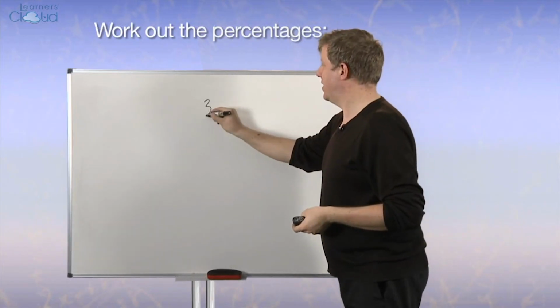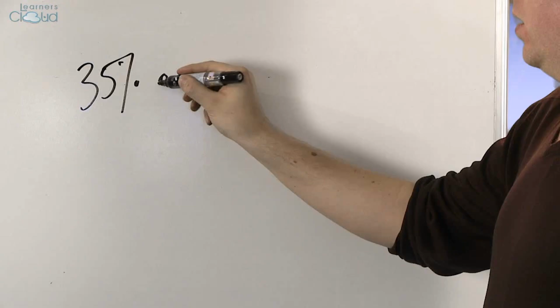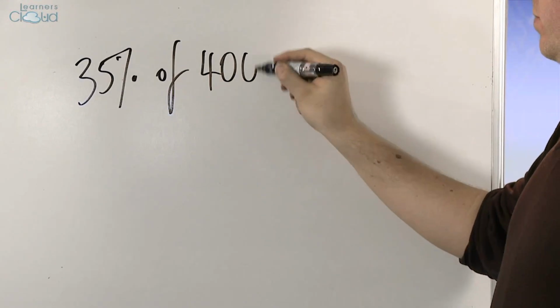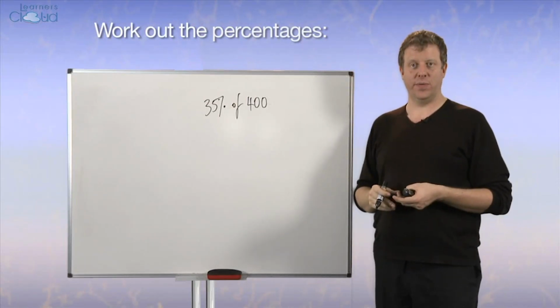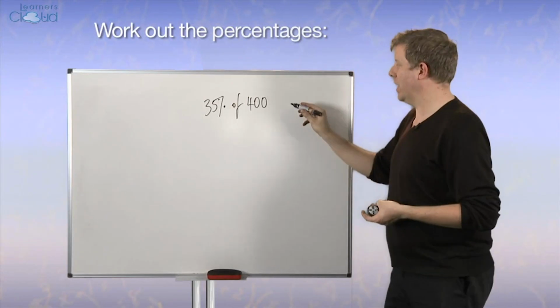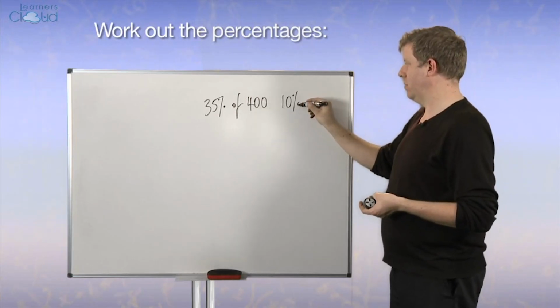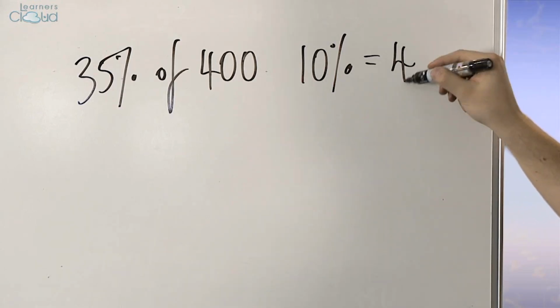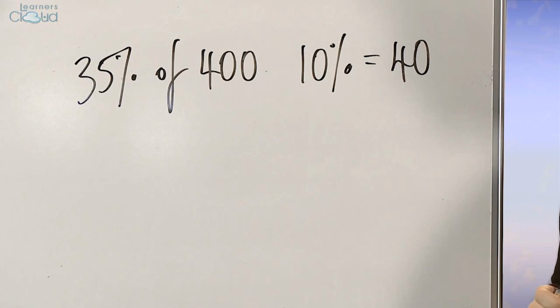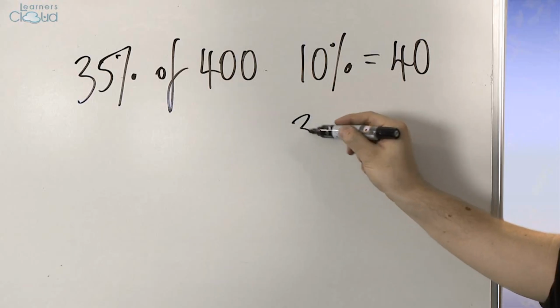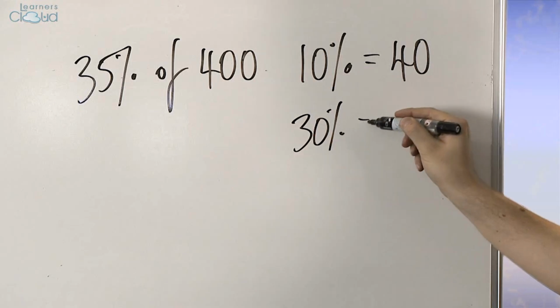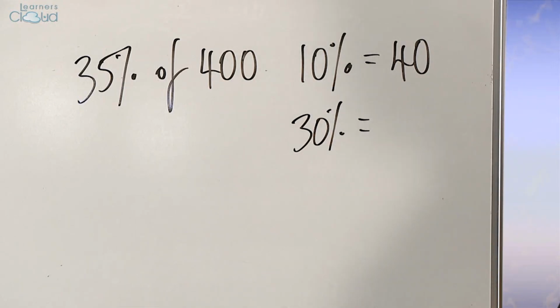So the last example we'll look at without a calculator is 35% of 400. Think about how we can break 35% down. If I can work out 10%, which is 40, 30% then becomes easier to work out. 30% would quite simply be 3 lots of 10%.